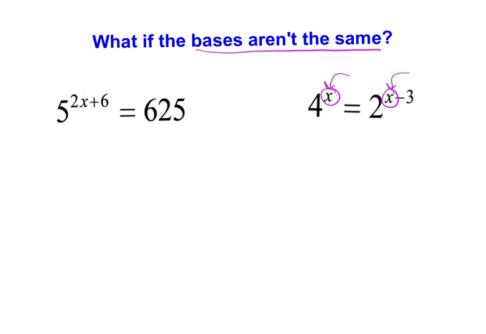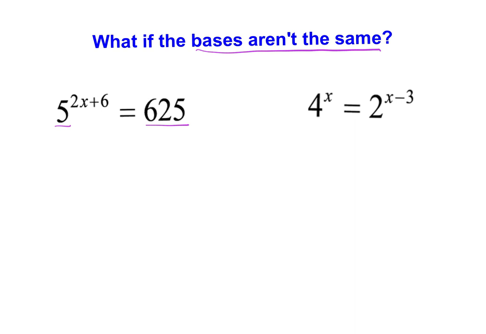So we're going to think through what we can do. On the previous couple of slides, we learned that if we have common bases, so two numbers that are the same with an exponent, we can just set those exponents equal to each other and solve.